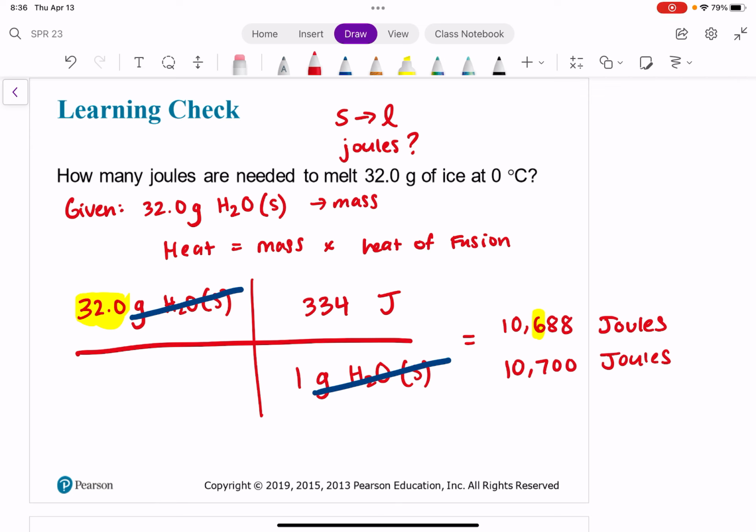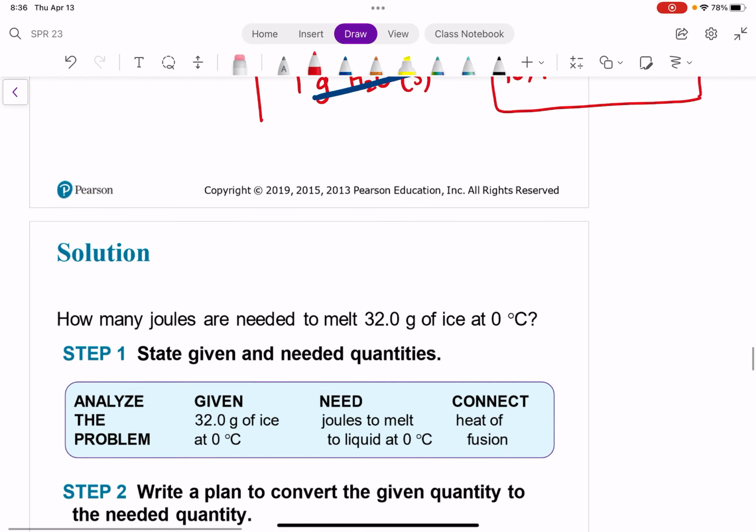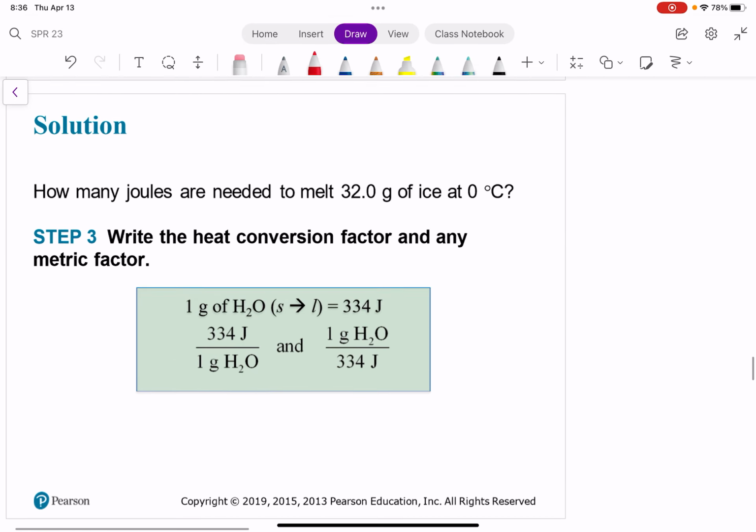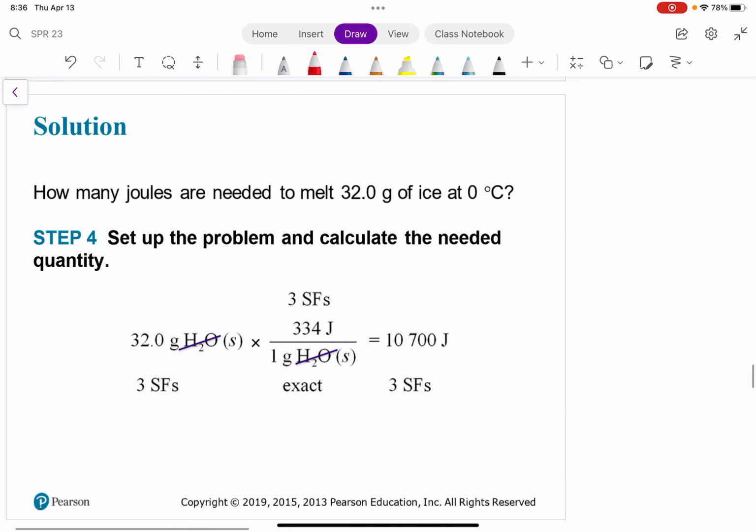Still representing a number that's close to the number we originally got, but it has 3 sig figs now. And then you can always write me a little note if you want, 3 sig figs. Okay. I'm confident that we got the right answer.